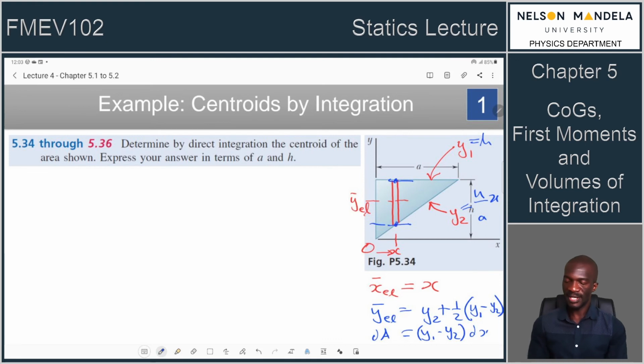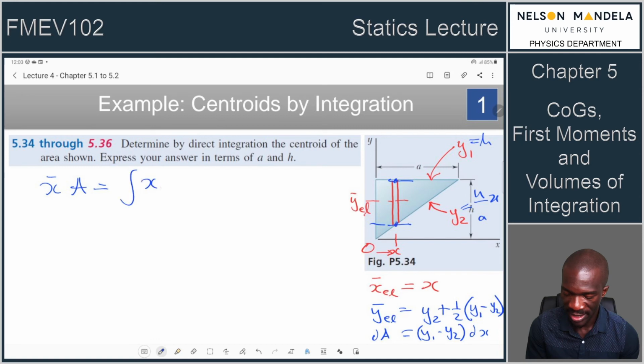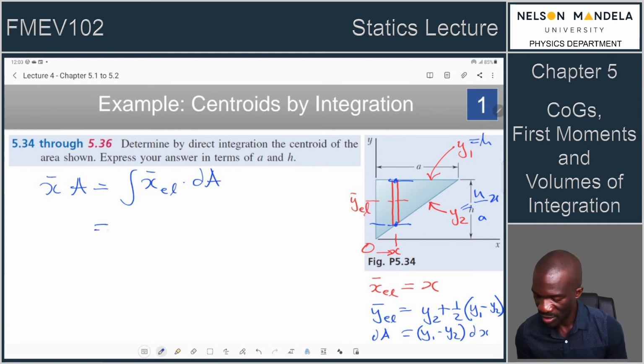So if we want to find the centroid, from here we can use the first moment's equation. So we know that our x bar, okay, this is now non-regular, right? So x bar A is equal to the integral of x bar element multiplied by dA. So we are now applying our integral into this.